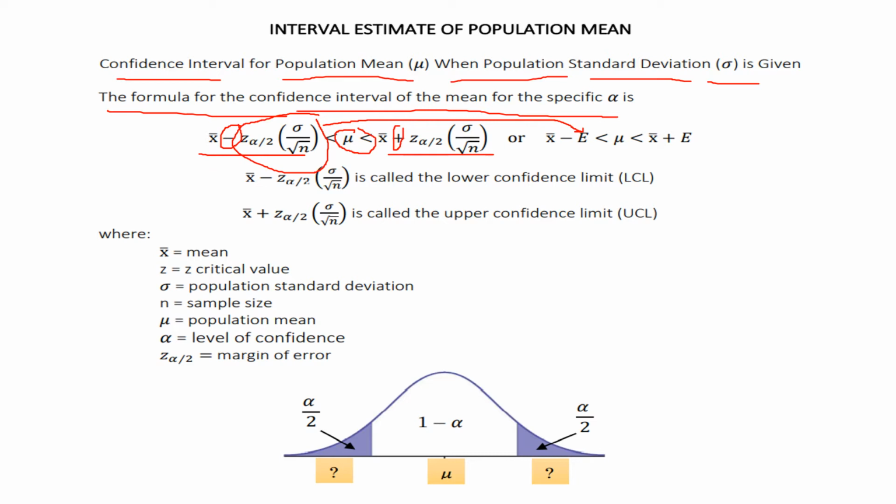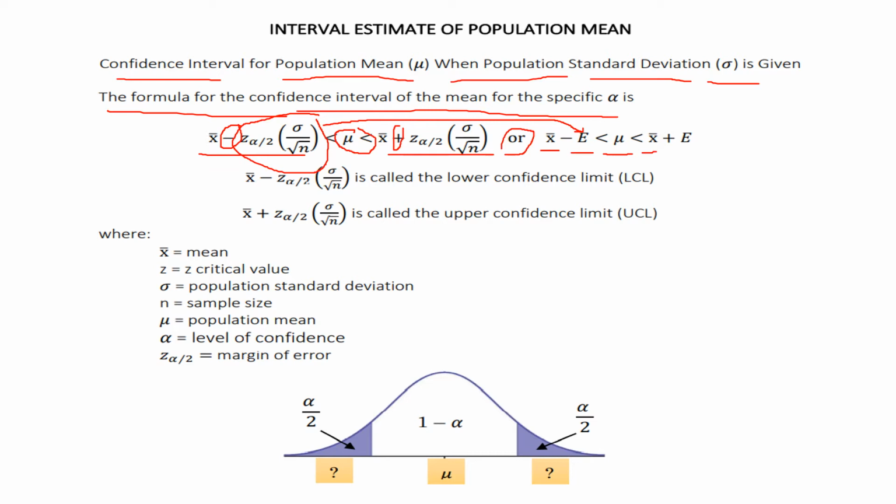So that will be the equivalent value of this E. That's why there is an alternative form here, because your sample mean x bar minus E, which is the equivalent of C sub alpha over 2 multiplied by sigma over square root of n, should be less than your population mean, which should be less than your sample mean plus your E, or your maximum error.